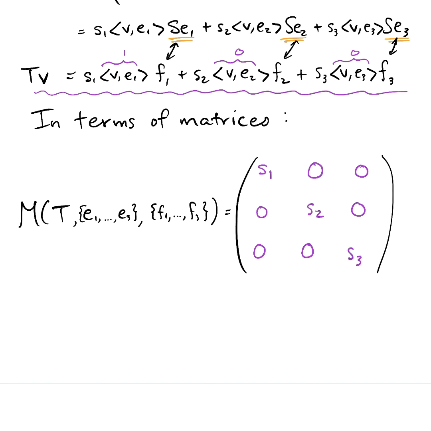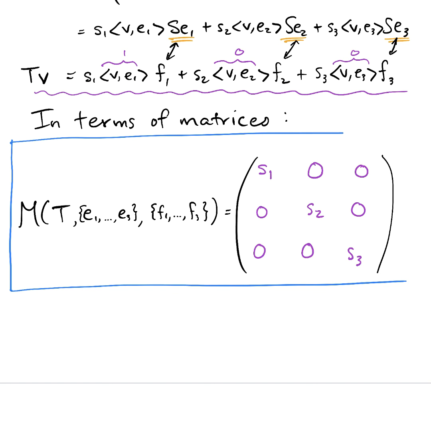And that visual is very strong. You could read this as, oh, okay. So every operator, literally every operator, has a diagonal matrix representation with respect to two orthonormal bases, E1 through En, F1 through Fn.